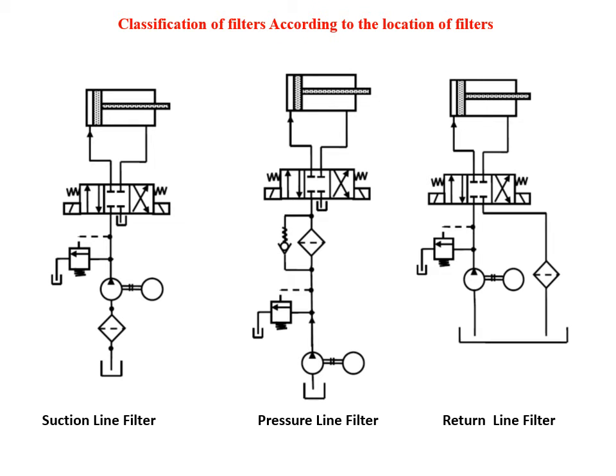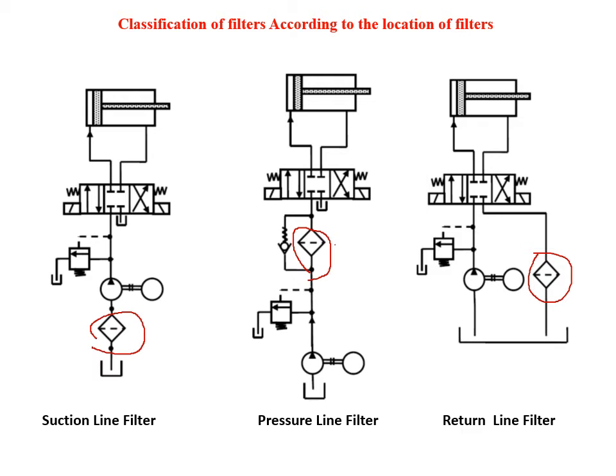This diagram shows you the location of the suction line filter. You can see that this filter is located in the suction line before the pump. This is a pressure line filter, which is located between the pump and a control element, which is a direction control valve in this case. Some are called return line filters; this filter is located in the return line.